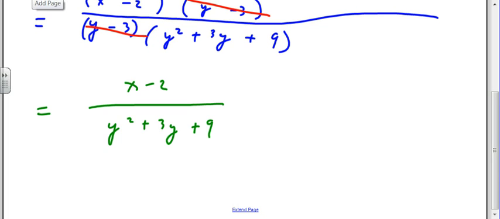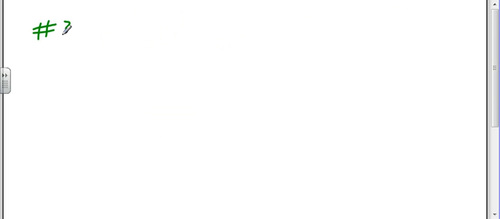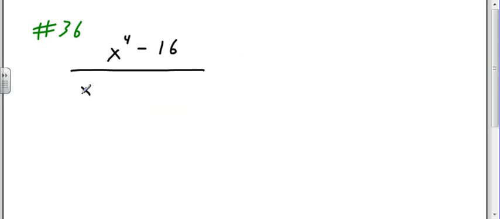Number 36. I have x to the 4th minus 16 over x to the 4th plus 2x squared minus 8.